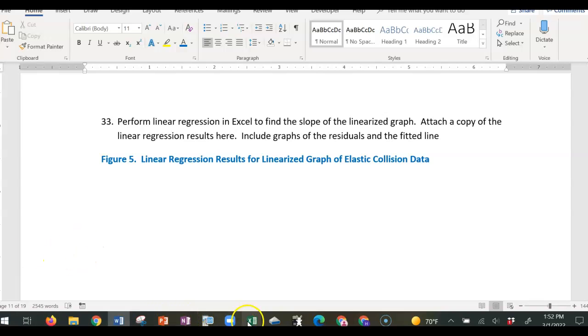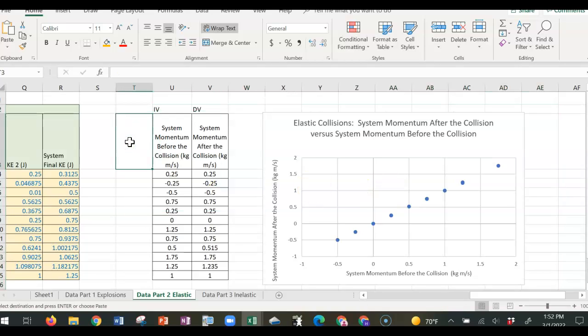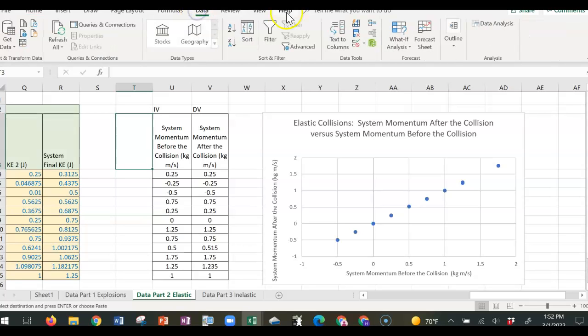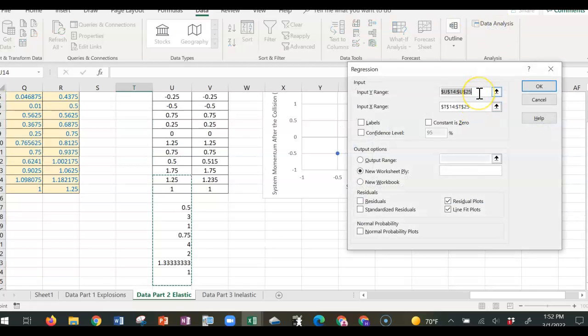To get the slope, I'm just going to do linear regression on this data. So I'll go to Data and Data Analysis. Go to Regression.